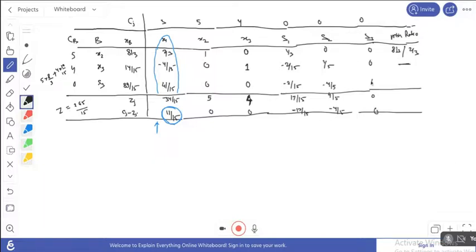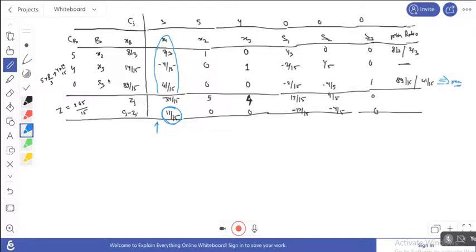And here the last one is 89 over 15 divided by 41 by 15. Okay, so here in that sense you have to find which one is a minimum, because this is approximately 2 point something, and here this is 4. Okay, so this one is minimum. That's why this value is minimum.